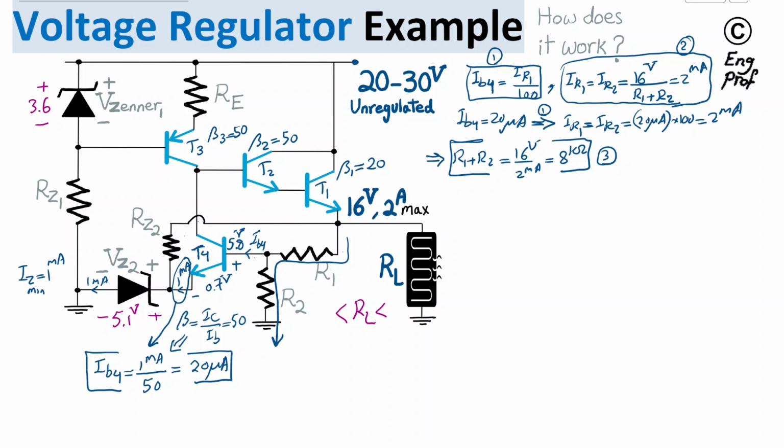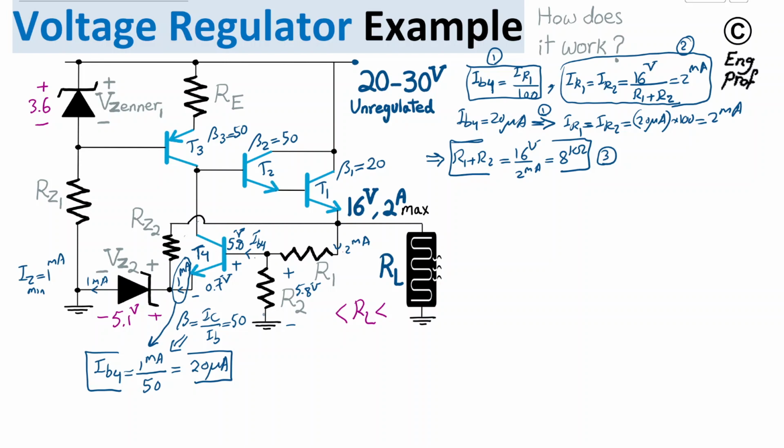Okay, I have the sum, but the other thing I can conclude is that the 5.8 volt here appears across R2, because the other side of R2 is grounded. So on one side I have 5.8 and on the other side I have ground. Across this R2 there is plus minus 5.8 volt, and through R2 and R1 there is the 2 milliamp current that we just discussed.